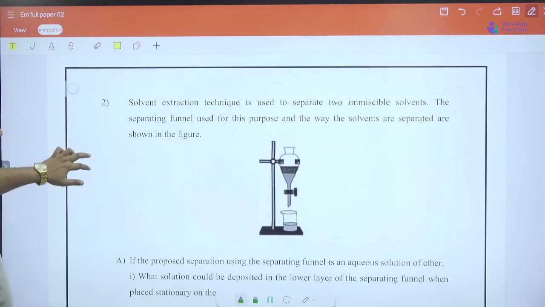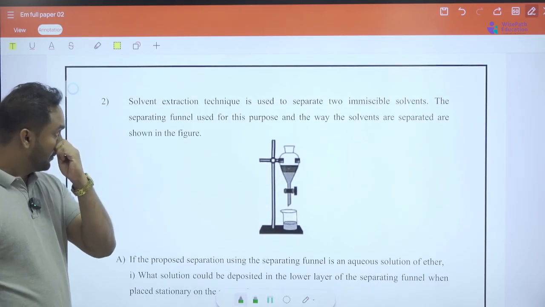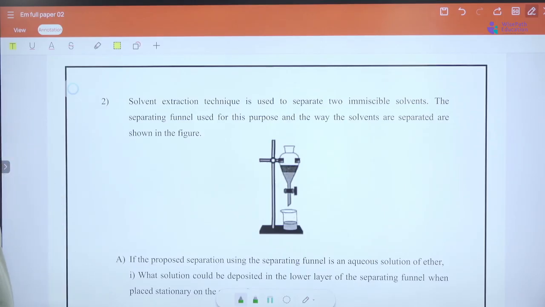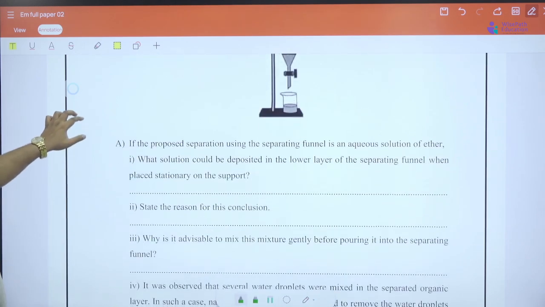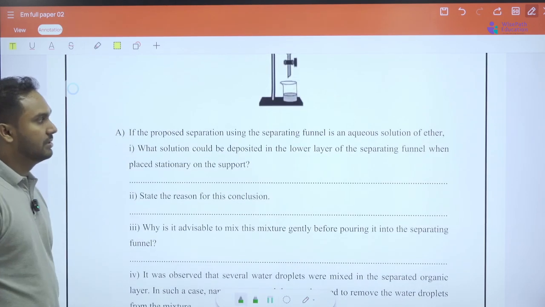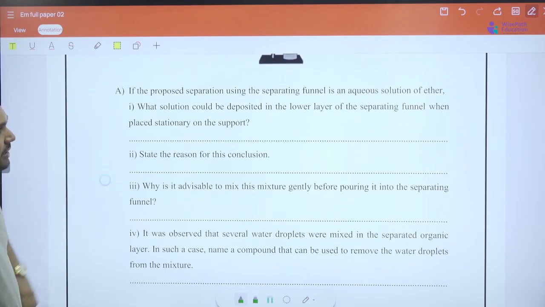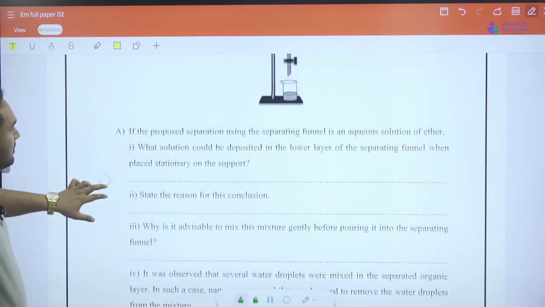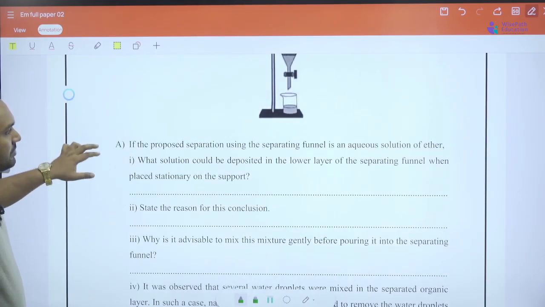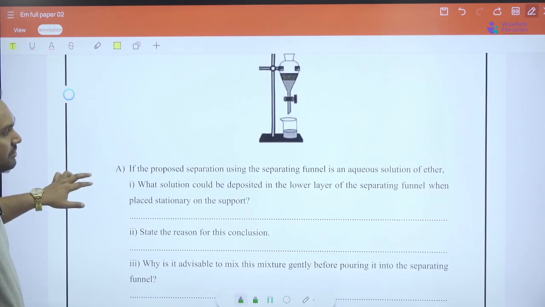Right. Solvent extraction technique is used to separate two immiscible solvents. The separating funnel used for this purpose and the way the solvents are separated are shown in the figure. If the proposed separation using the separating funnel is an aqueous solution of ether, what solution could be deposited in the lower layer of the separating funnel when placed stationary on the support?